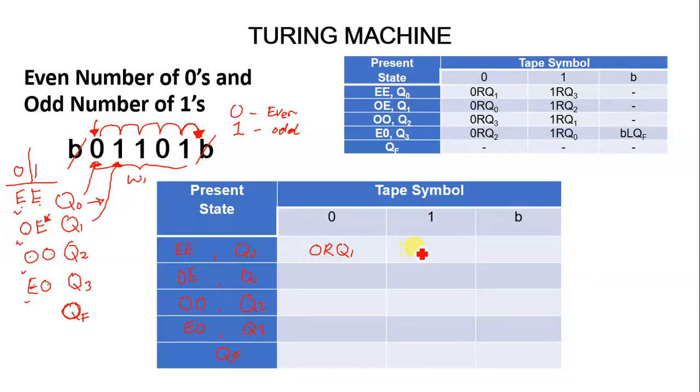So we read 1, move right, and go to the next state, which is an even number of 0s and an odd number of 1s. So EO, we will move to Q3.